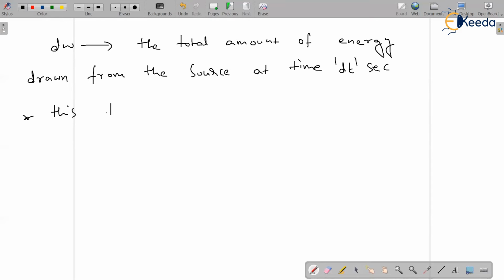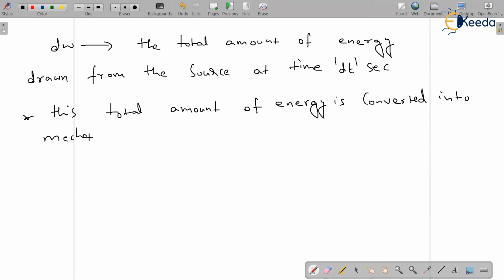This total amount of energy is converted into mechanical energy, that is spindle rotation.